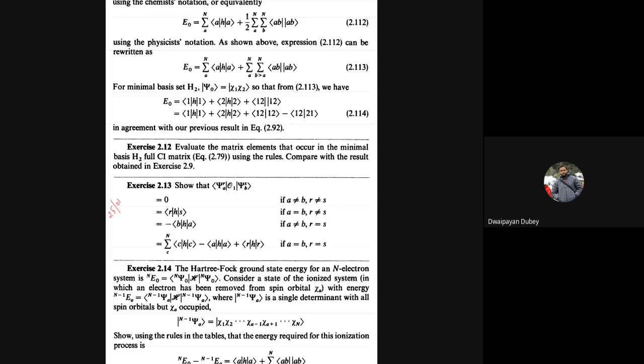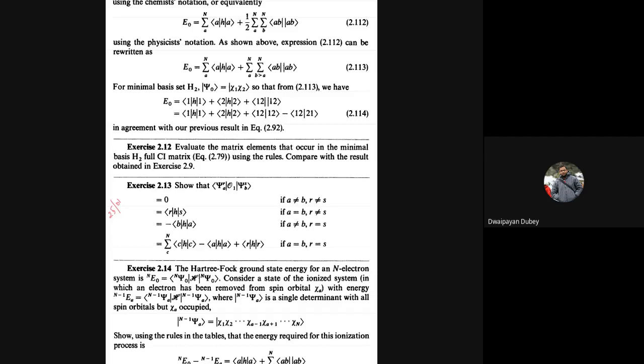Psi AR means that in psi, let's say it has A, B, C, D spin orbitals, the A spin orbital has been replaced by R. So you can consider a parent psi which has A, B, C, D, E, F, and for the bra function, A has been replaced by R, and for the ket function, B has been replaced by S.